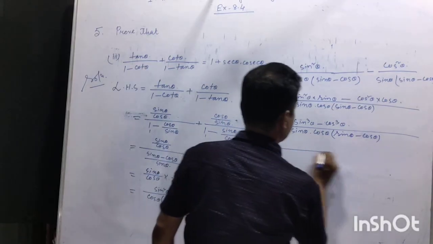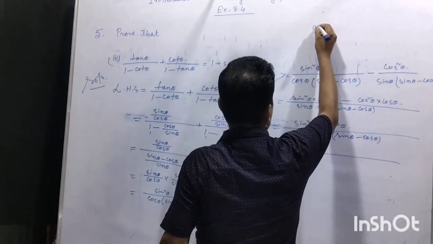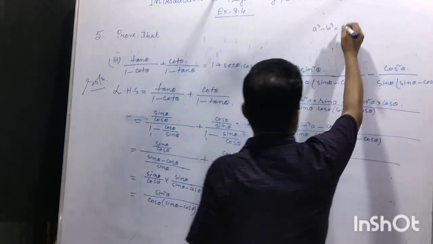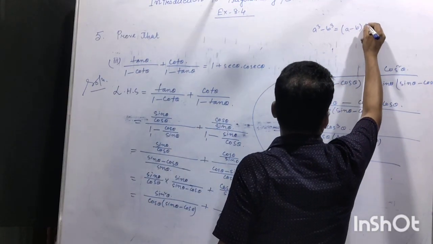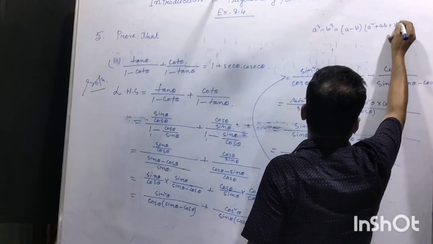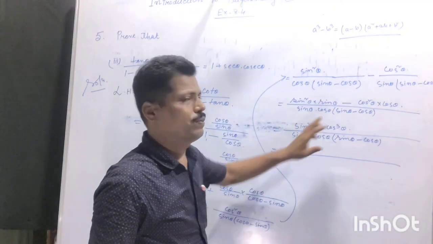So we know this a cube minus b cube formula. At that time, a minus b into a square plus ab plus b square. We know this identity, a cube minus b cube.